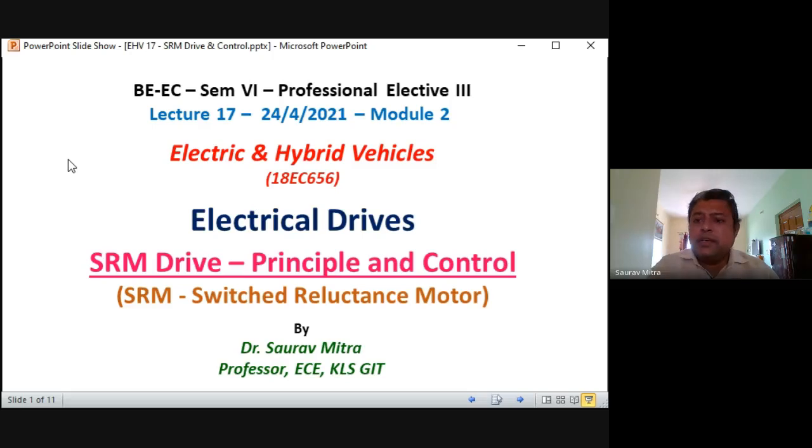As the brush commutator arrangement is not there, it has very high efficiency. The field coil is also not there, because a field coil in a motor is used to produce the electromagnet. For motor operation, 2 things are required: one is the electric field, another is the magnetic field.